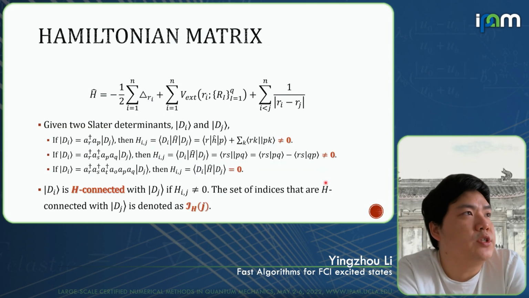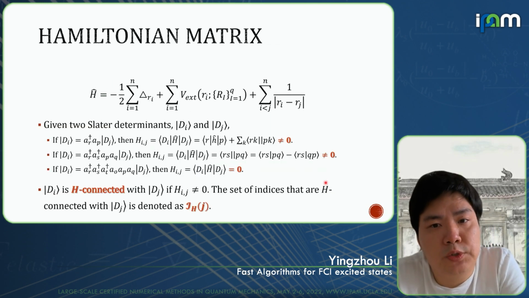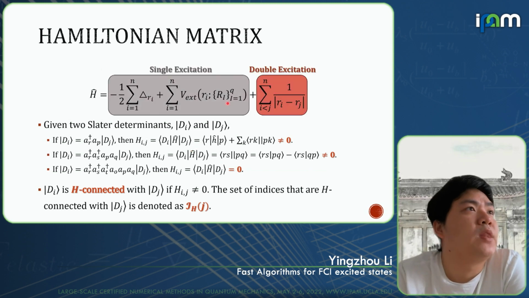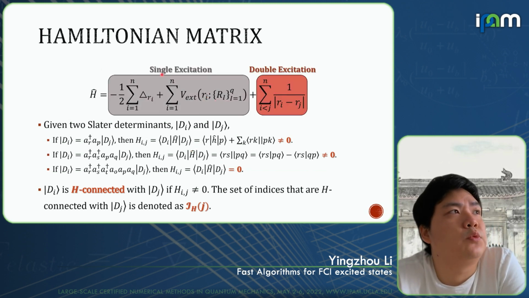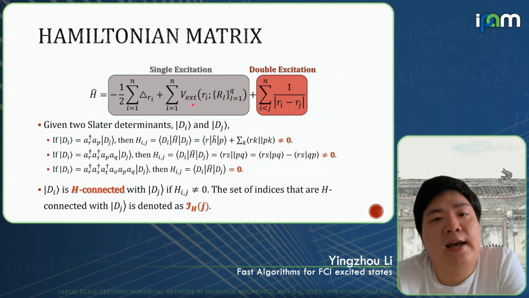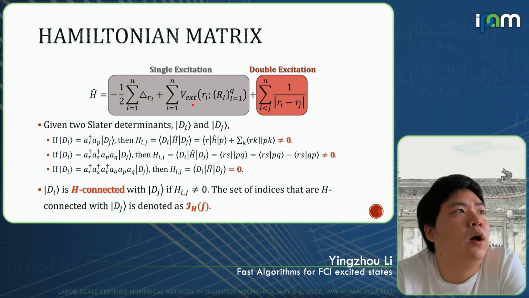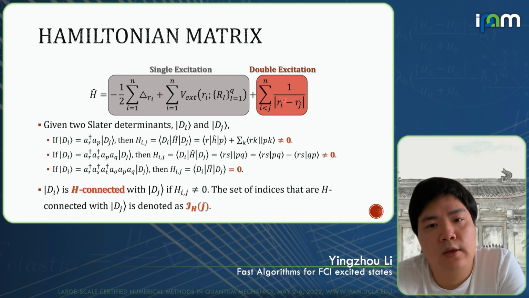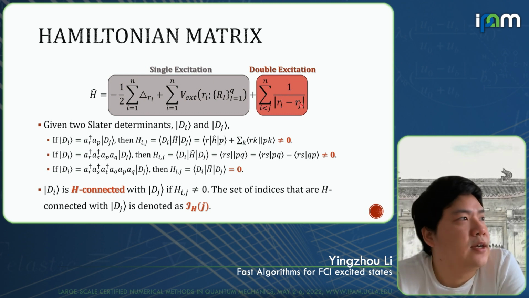And the good thing for this problem is that due to the special structure in the Hamiltonian, we can decompose it into 2 parts. One is a single excitation, one is a double excitation. The single excitation only acts on a single one-body function, and the double excitation affects 2 coordinates, Ri and Rj.